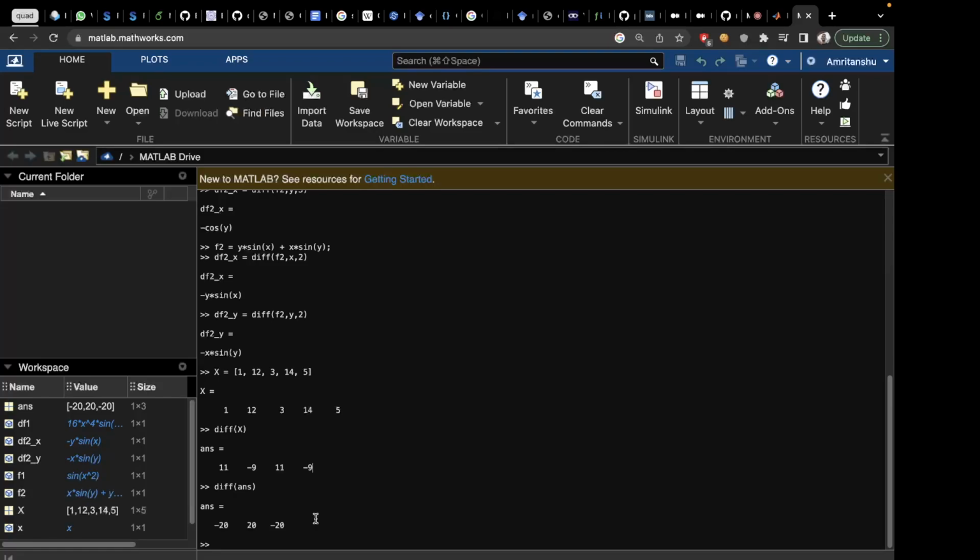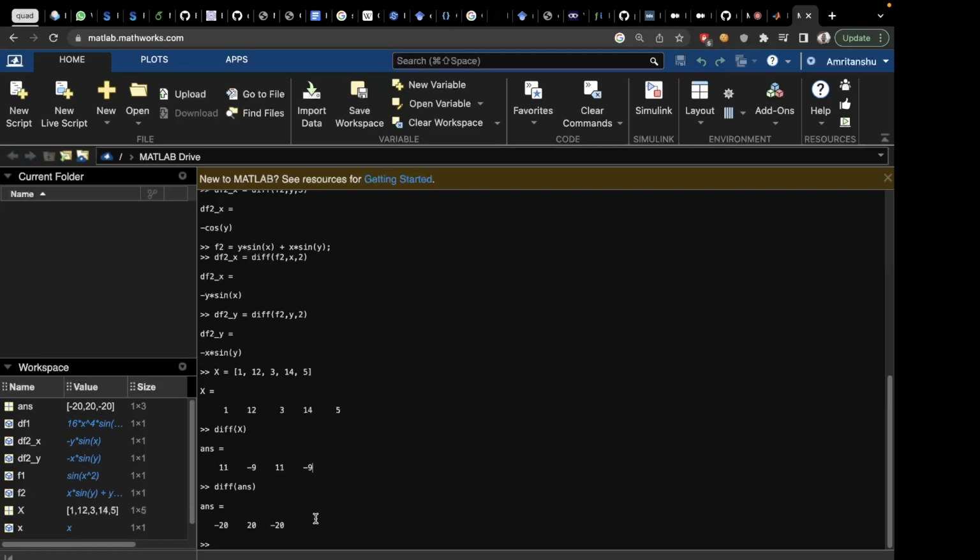So this is useful when, let's say, you have position data at some 100 time instants. Position of a, let's say, point mass at 100 different equally spaced time instants, and you want to compute the velocity from that numerically.